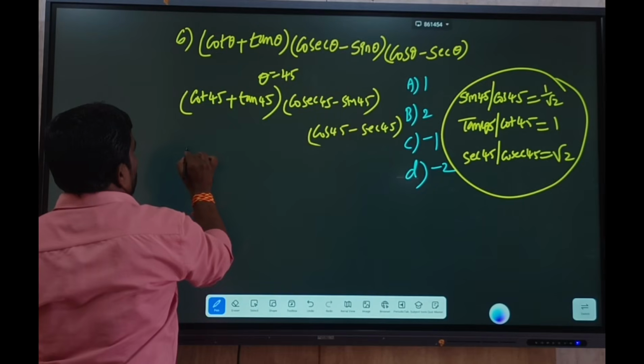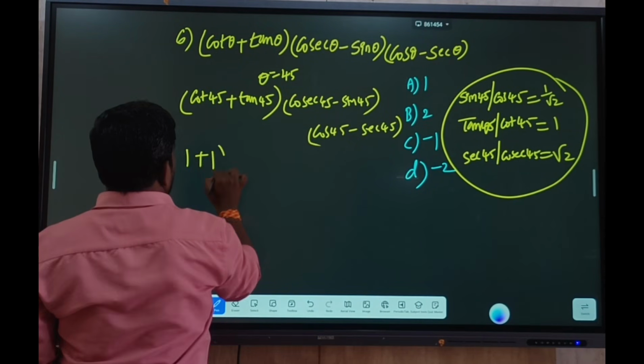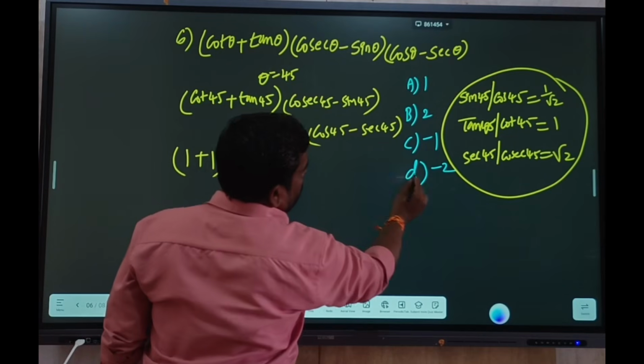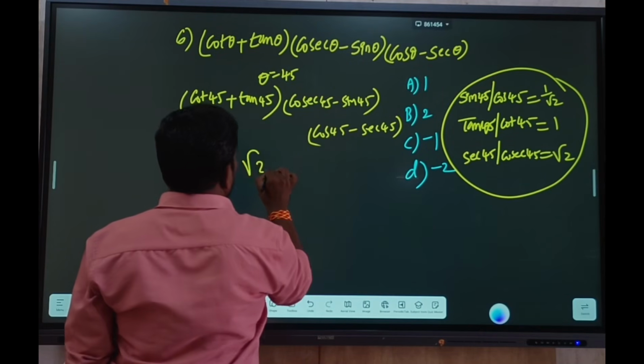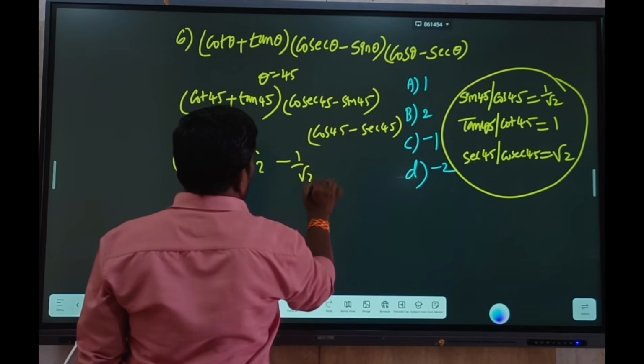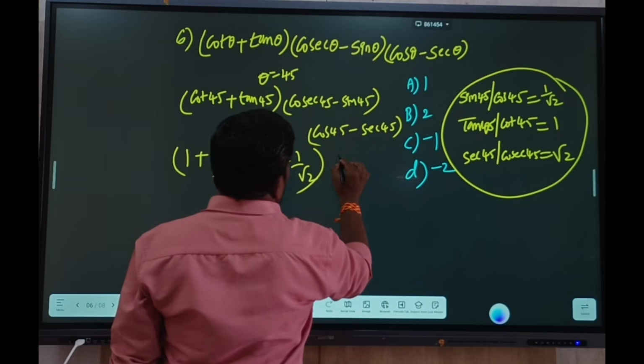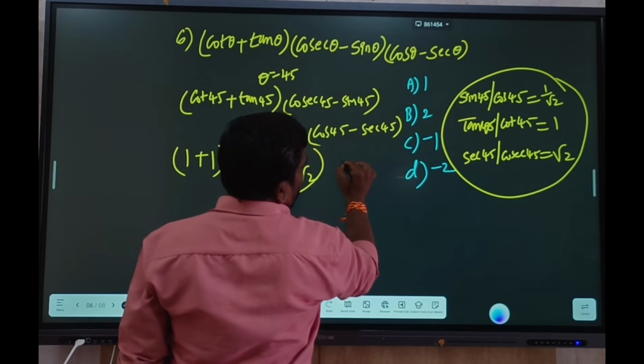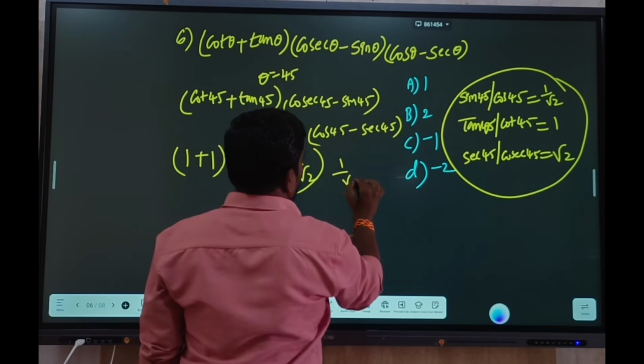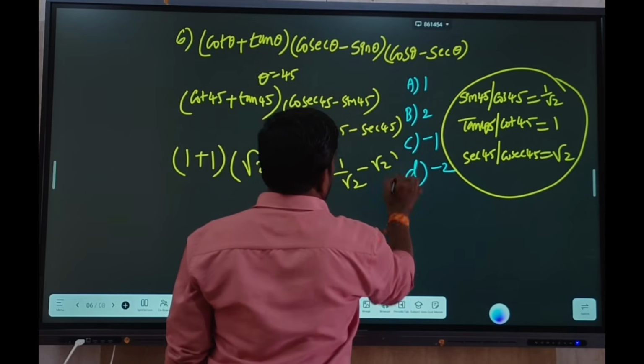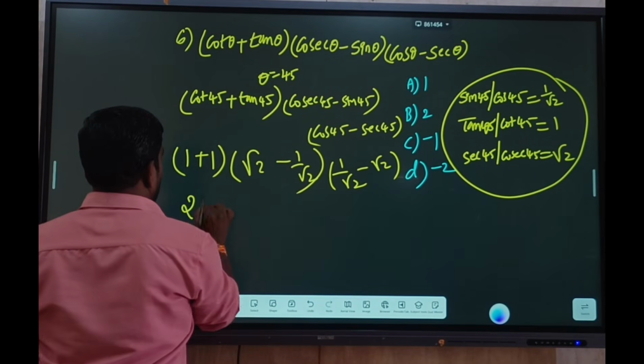So cot 45 is how much here? Cot 45 value is 1, plus tan 45 is also 1. Cosec 45 is how much? Cosec 45 is root 2 minus sin 45, 1 by root 2. Then cos 45 is 1 by root 2 and sec 45 is root 2. So look here, 1 plus 1 is 2.